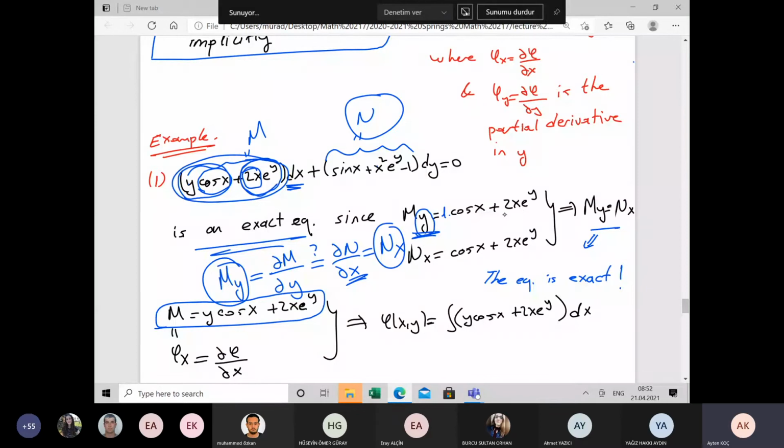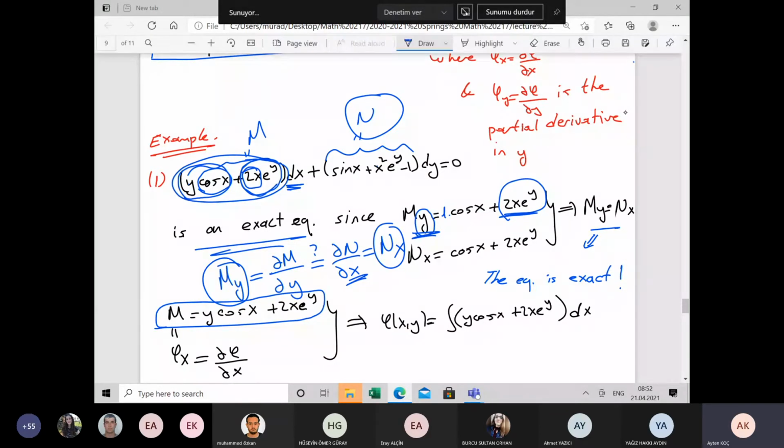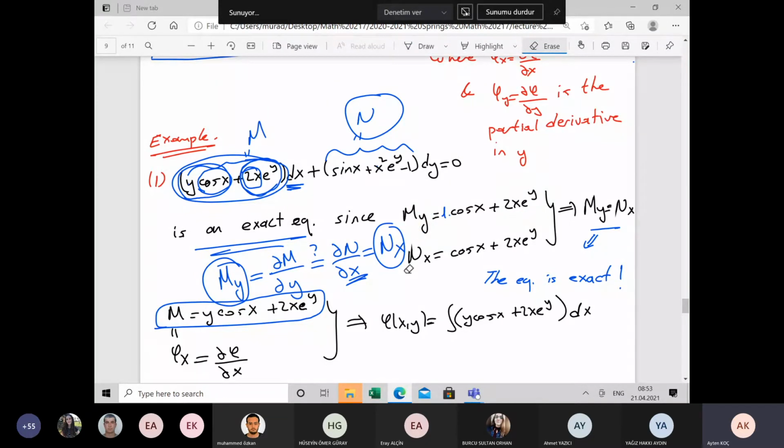The next one, our aim is to compute N sub x.